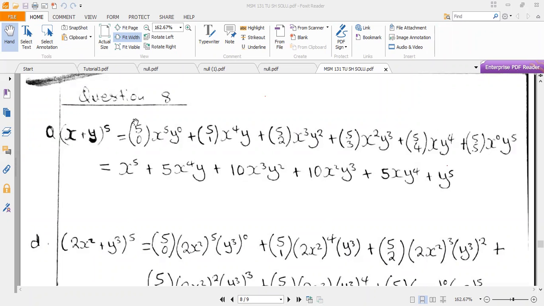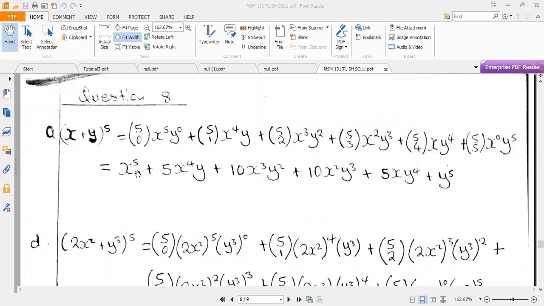So we'll have 5 choose 0, x to the power 5, y to the power 0, plus 5 choose 1, x to the power 4, y to the power 1, plus 5 choose 2, x to the power 3, because 5 minus 2 is 3, y to the 2, plus 5 choose 3, x to the 2, y to the 3, and so on.